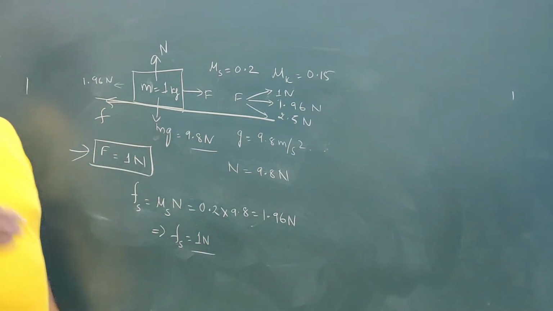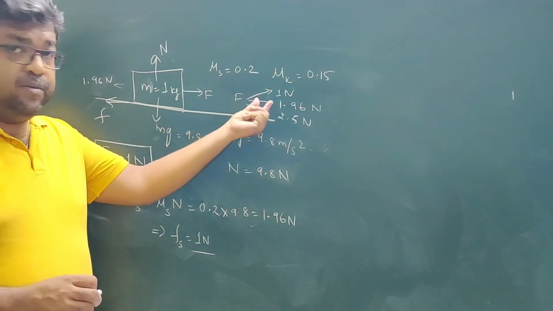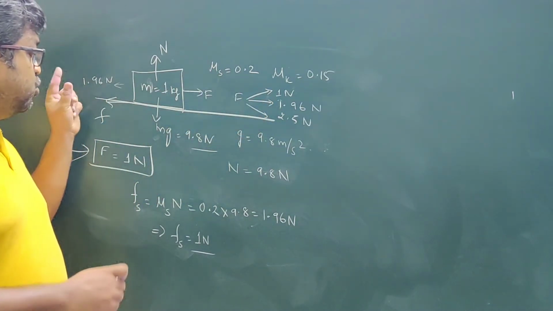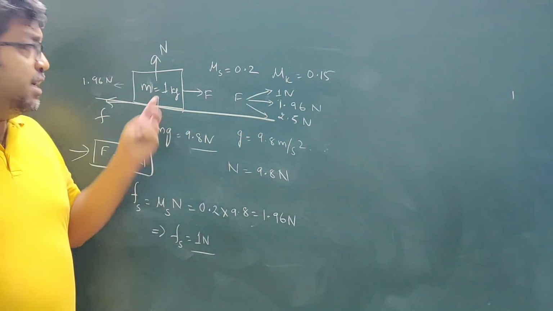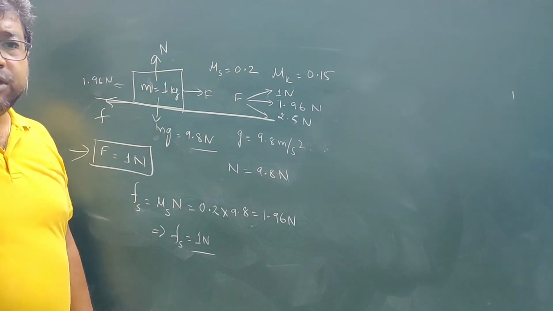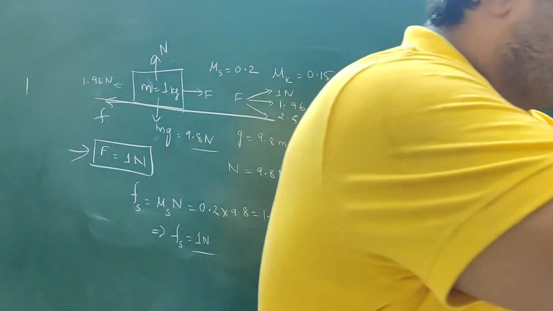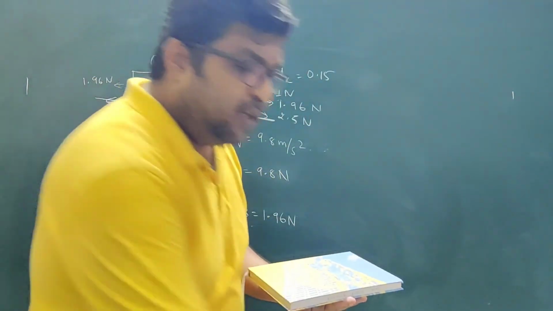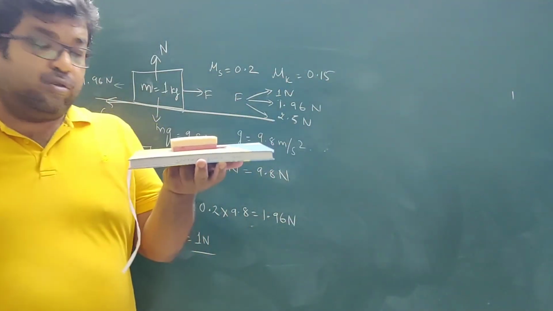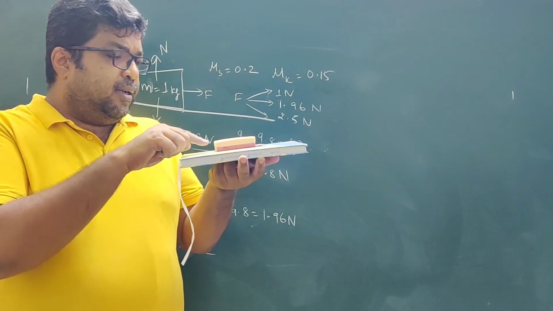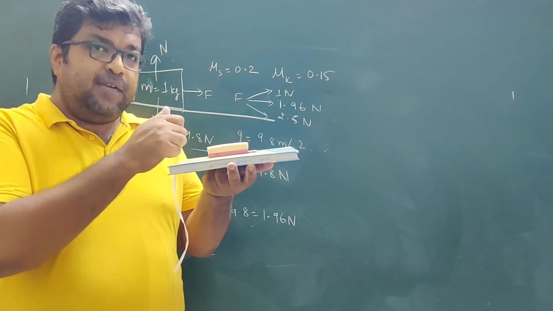I hope you are able to understand. This applied force is 1 Newton, and the calculated static friction value is 1.96 Newton. That means in this direction the force is 1.96 Newton. Suppose I am keeping this duster over this notebook, and the applied force is less than the friction force.